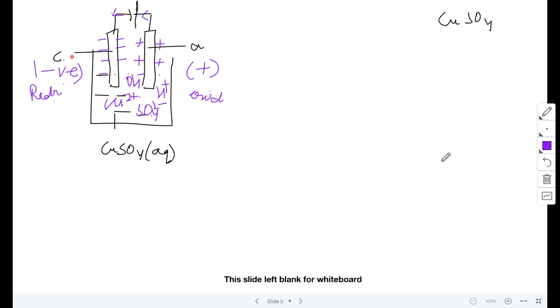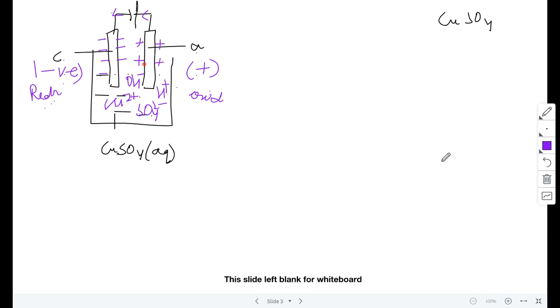Cathode is basically the negative electrode. Negative means there are more number of electrons, and more electrons means reduction is happening here. Whereas anode is a positive electrode, and there is loss of electrons, more positive charges, so oxidation takes place.